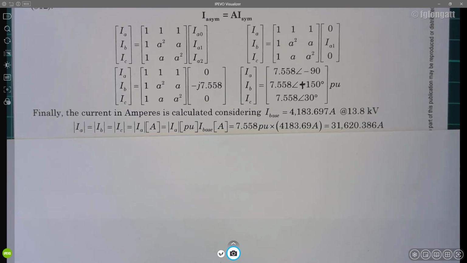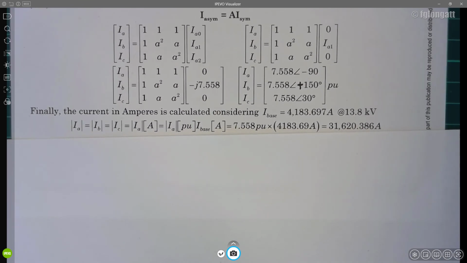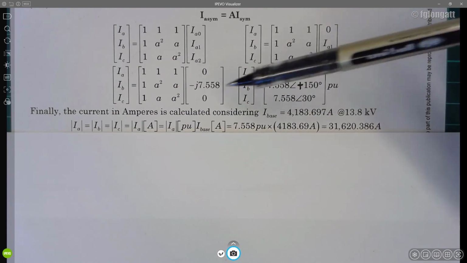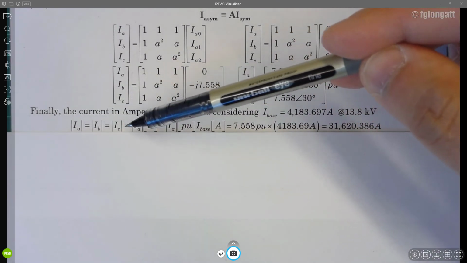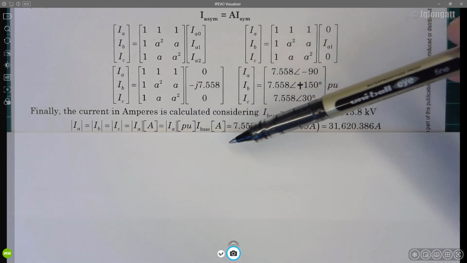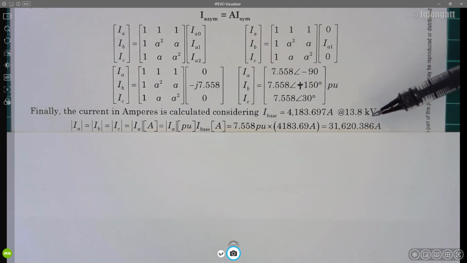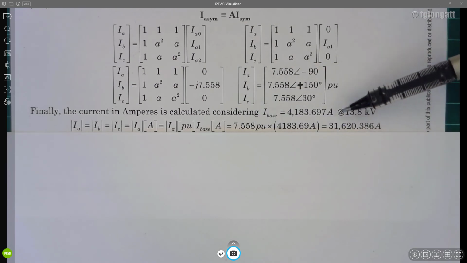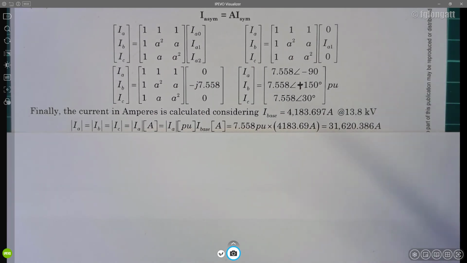For instance, the short circuit capacity of bus bars, but also breakers and many other components. What I will do now is, the three currents have the same magnitude, and I multiply the per unit value using the proper base. In this case, we are using 13.8 kilovolts. We obtain here that the final short circuit current is around 31 kiloamps.